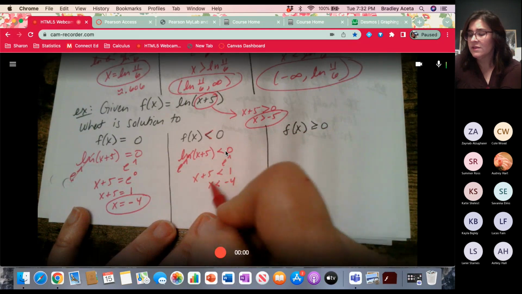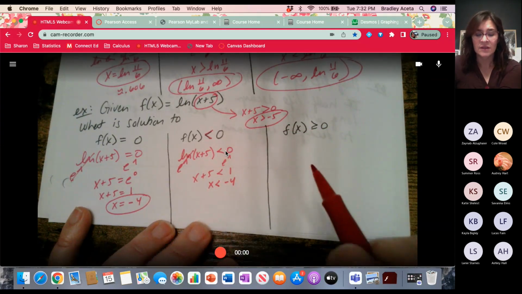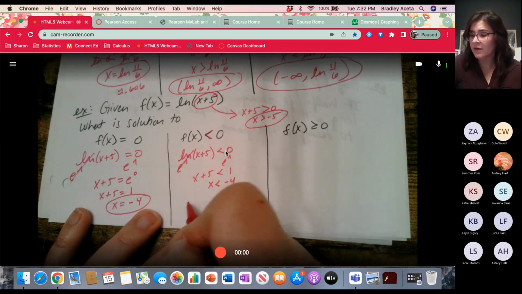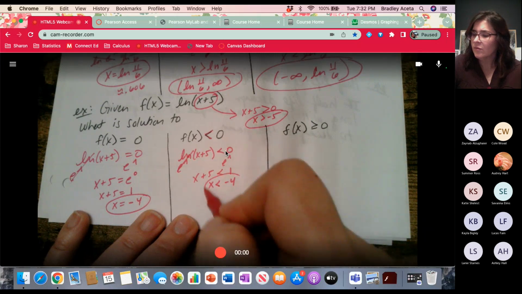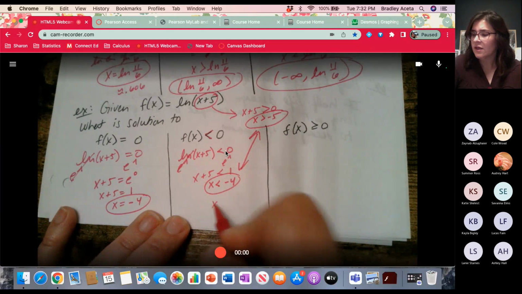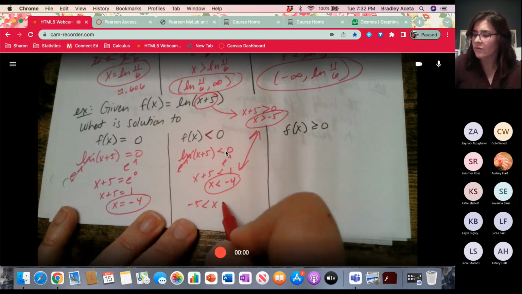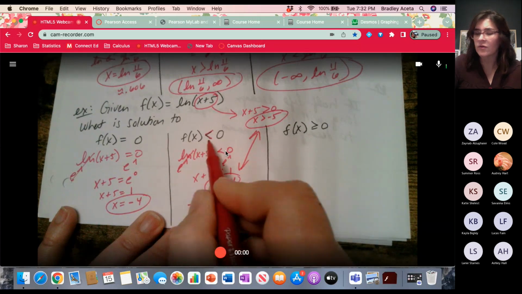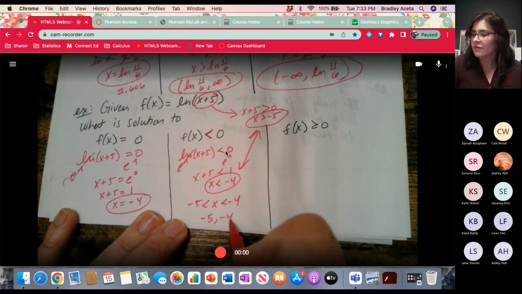You can be less than -4, but you have to be bigger than -5. So that's why your domain, or your solution has to be both of these. For x, you have to be greater than -5, but smaller than -4 in order to be less than 0. So you would write -5 to -4.